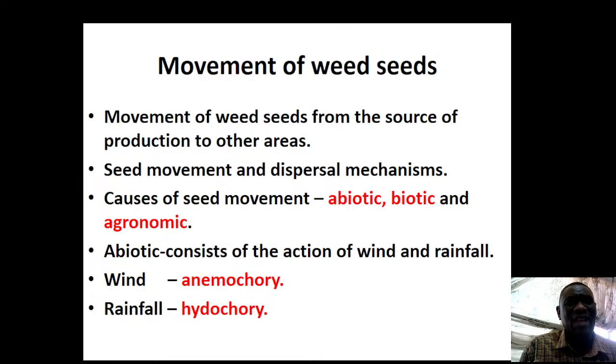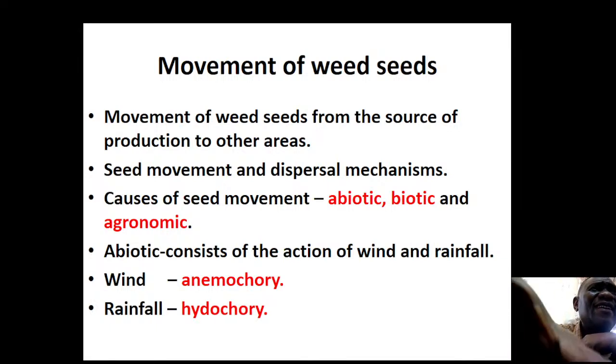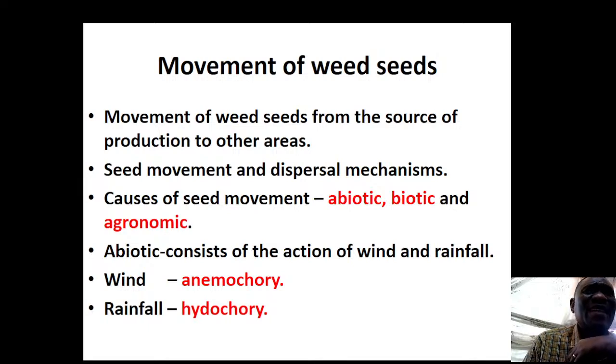The source of production is actually the plants themselves, which we call weeds, which have gone into flowering, then they go into seed production. And you have seed movement and dispersal mechanisms.